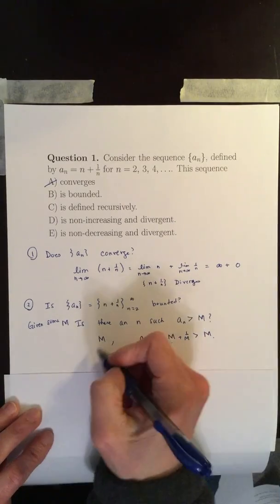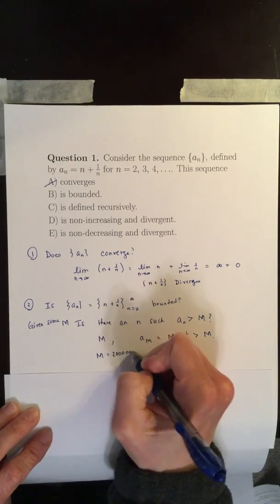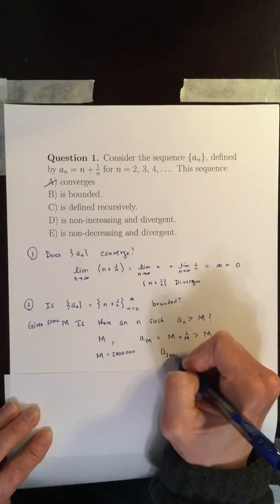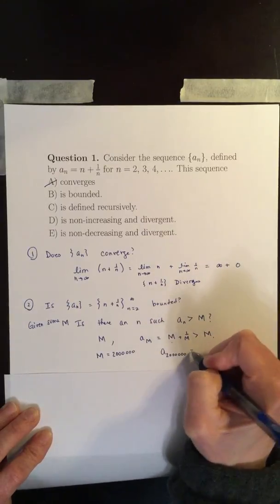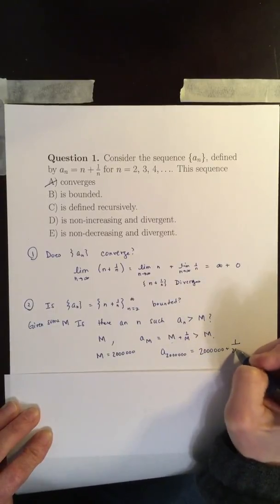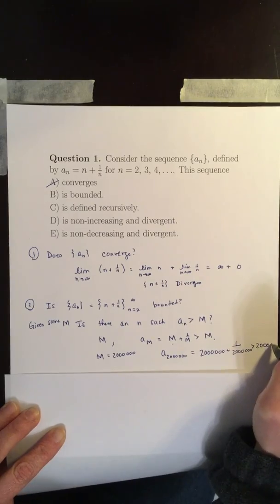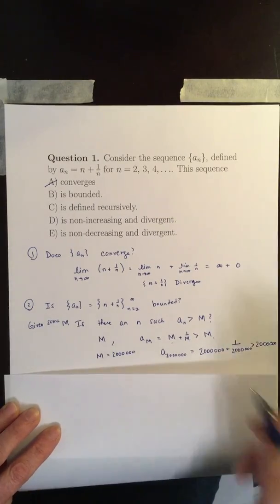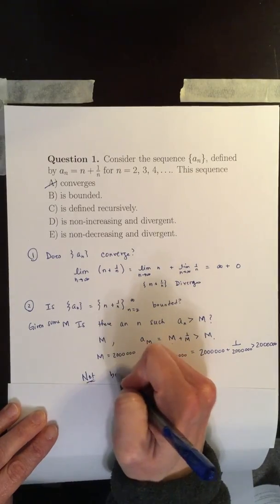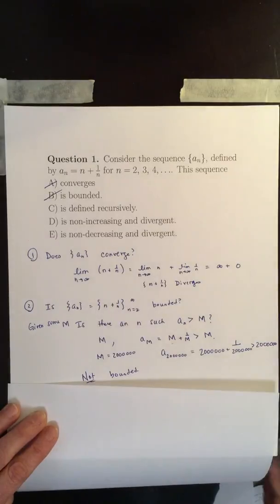So for example, like I said, if m is 2 million, a sub 2 million is equal to 2 million plus 1 over 2 million, which is bigger than 2 million. Okay, so is it bounded? Not bounded. So we eliminate choice B.